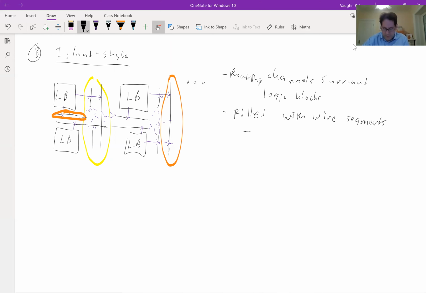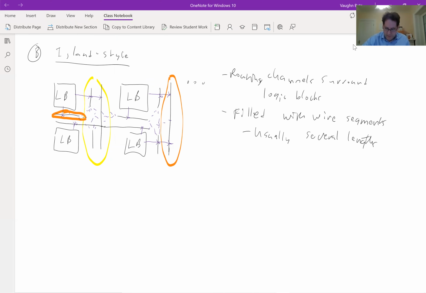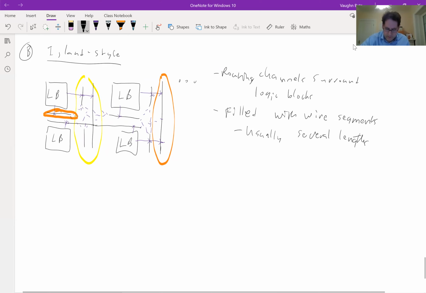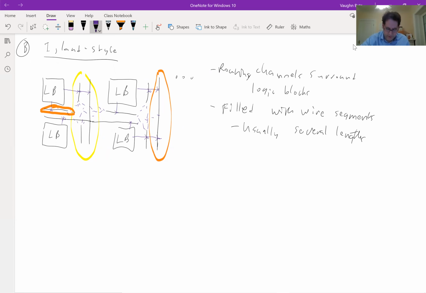Usually we have several different segment lengths. We prefabricate them to give ourselves more options. We'll probably build different wire lengths, maybe some short, some long. Here I've drawn a couple of different types. I've got a length 1 here, and a length 2 one here.